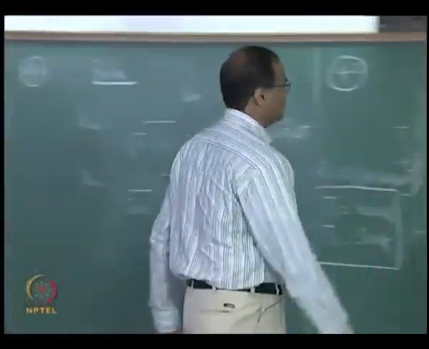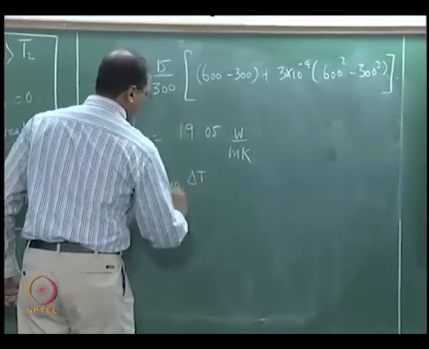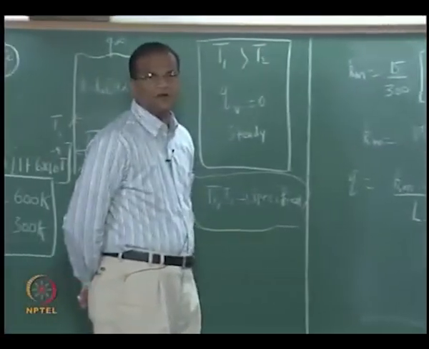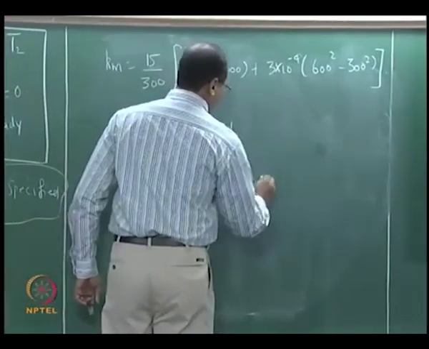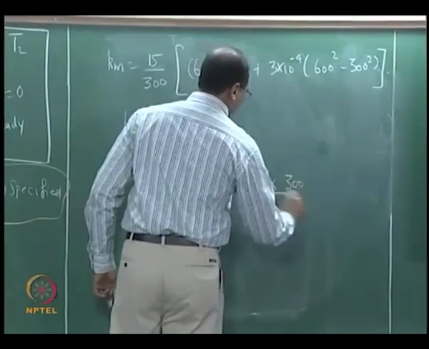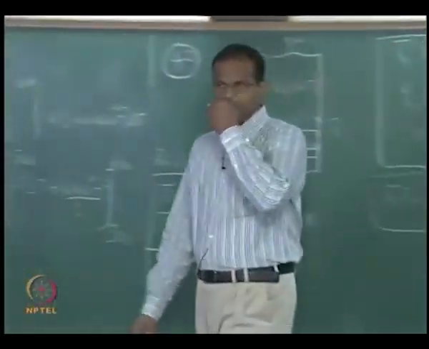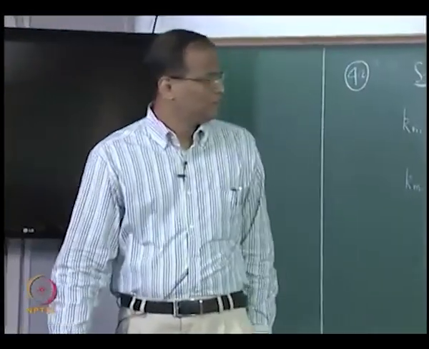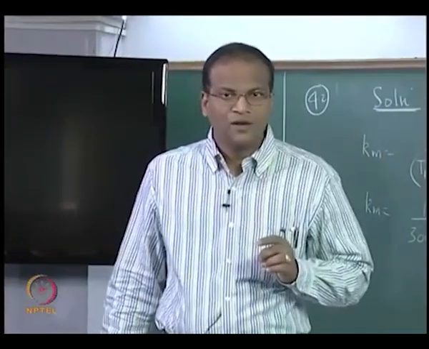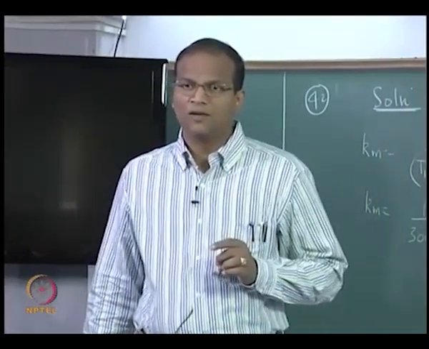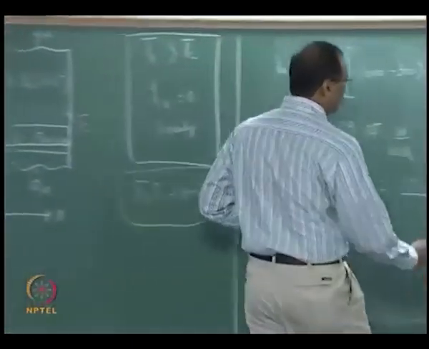Now we can substitute in the expression for Q. The heat flux is the product of the mean thermal conductivity into delta T by L. Some kilowatts, huh? 114.3 kilowatt per meter square, correct?